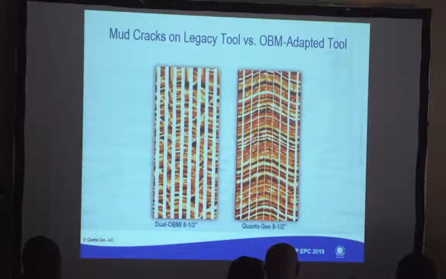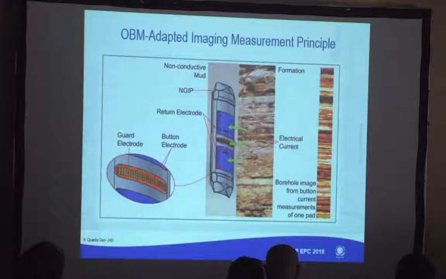Well, in this case, you would argue you can still recognize the underlying bedding structure, but it's starting to be really a nuisance to be able to work with this. Now, this effect with the new technique has been completely eliminated. And for us interpreters, that has been, besides the better resolution, a tremendous advantage. The elimination of mud cracks.